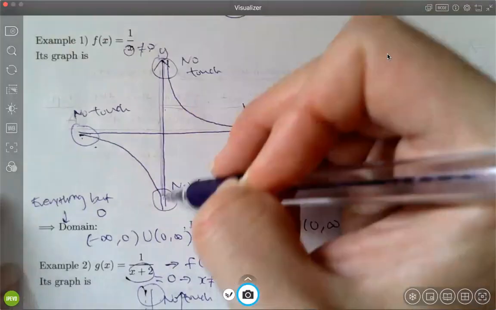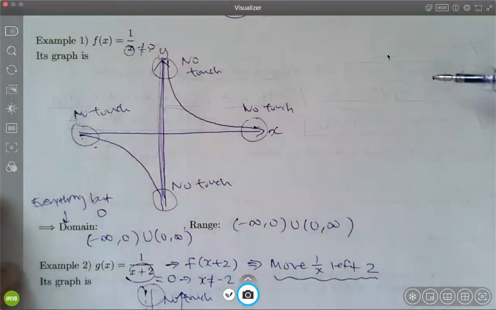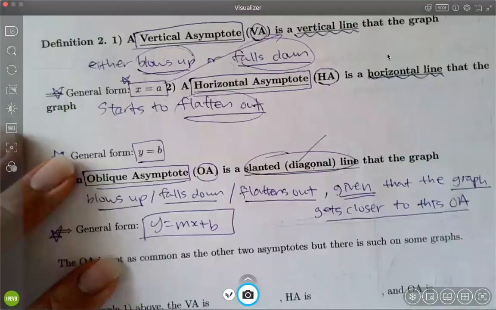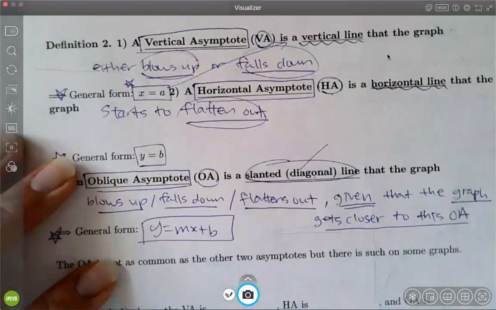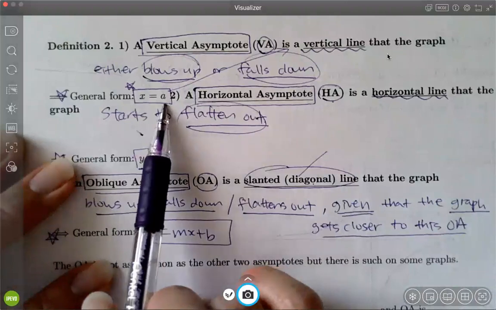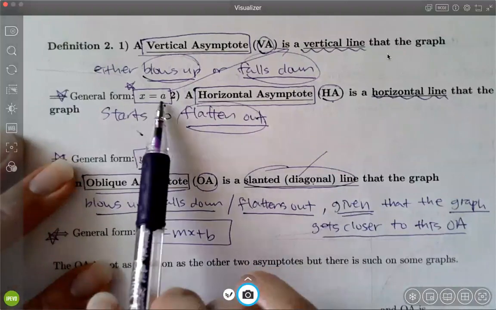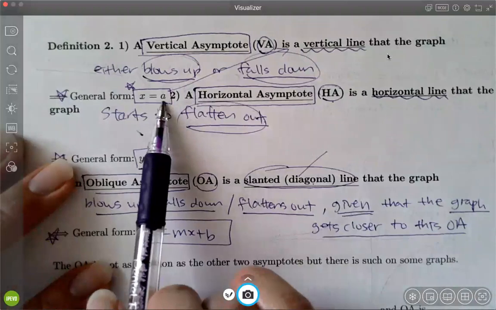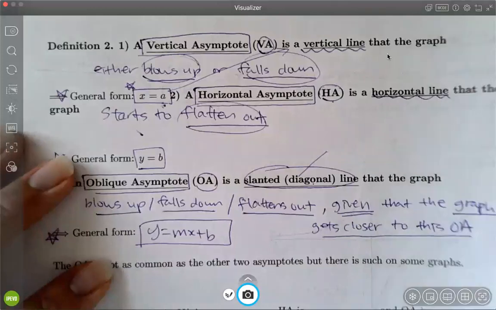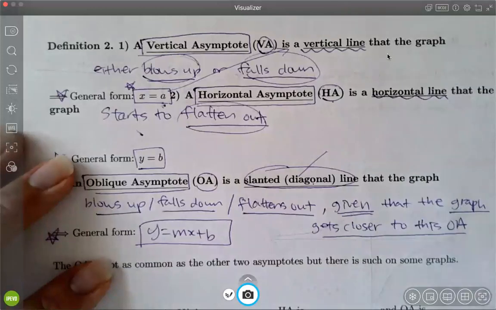Now this is the y-axis and that's obvious, right? But remember, any vertical asymptote has the form x equals some number. So the question is, what should this number be for the y-axis? 0, yes.